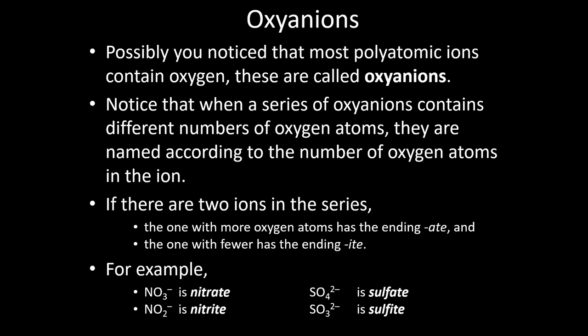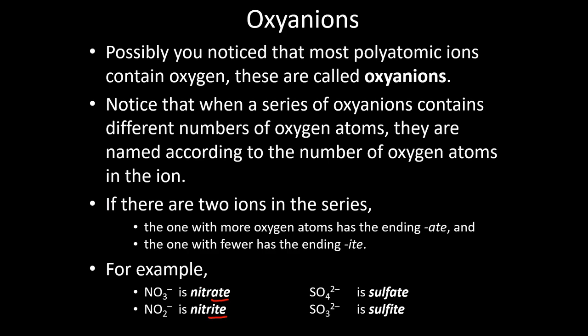But for these shorter series, where you just have one ion that has more oxygens and one ion that has fewer oxygens, the ion that has more oxygens always ends in ate, and the one that has fewer oxygens ends in ite. And this is regardless of how many oxygens it has.